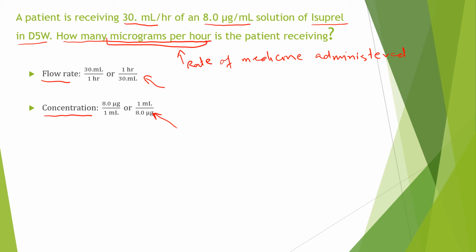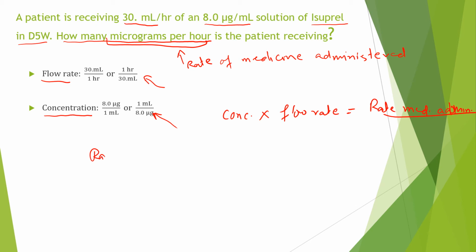We know that concentration multiplied by flow rate is equal to the rate of medicine administered. So that's what we need to calculate. So therefore, by plugging in the values, we can calculate the rate of medicine administered.